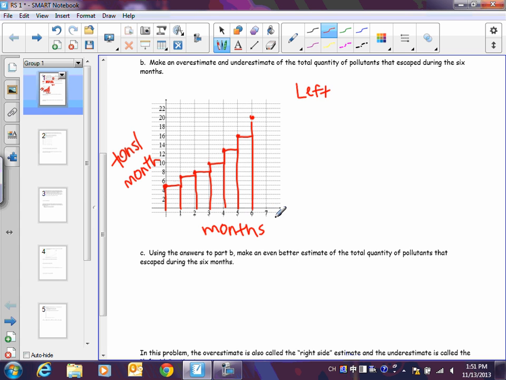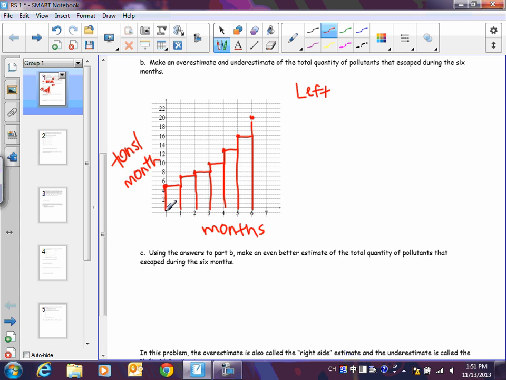So how many rectangles do I have? I have 6. How many data points do I have? 7. That's always going to happen that way. You're always going to have 1 extra data point here. Okay? So that's okay that we're not using this one for the left.